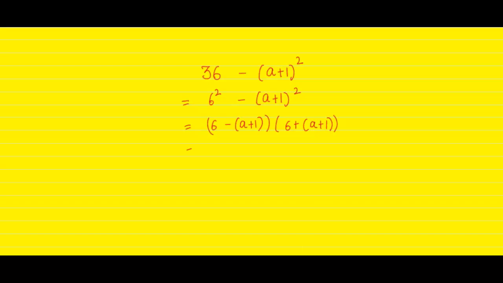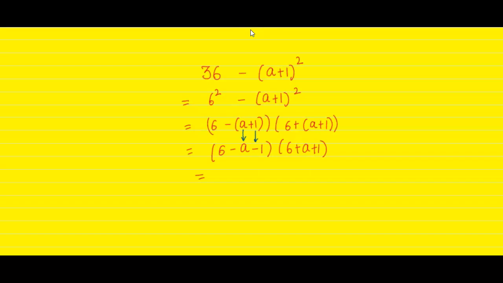We are going to open these brackets and we get 6 minus a minus 1. Whenever we have a negative sign in front of a bracket, all the signs get flipped. Flipped means that a is positive here, but it becomes negative. 1 is positive, it becomes negative after we open the bracket. So what do we get now? 6 plus a plus 1.